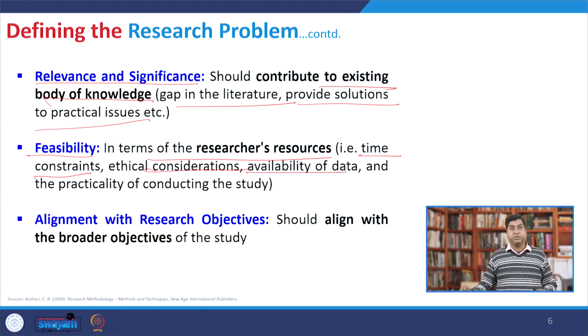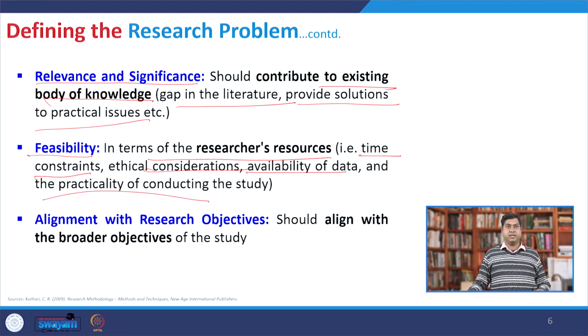Then there is the availability of data. So, we should be aware that for my research I probably have those kinds of data sources, or even if I have to go for primary data, okay, this is doable, and also the practicality of conducting the study.